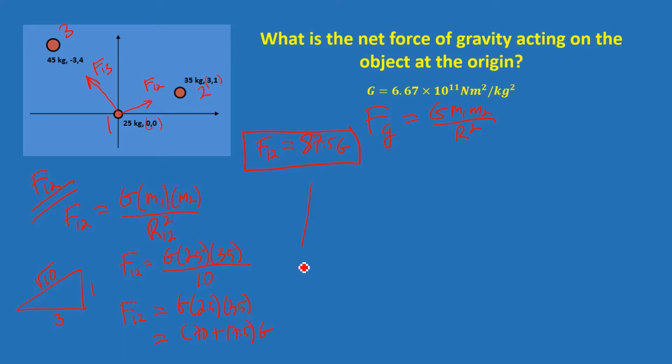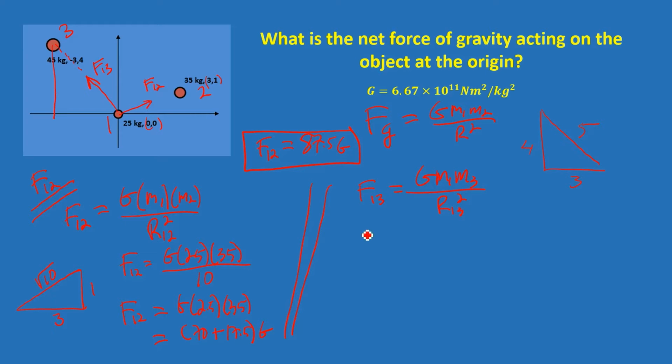Then we're going to move on to F13. So F13 is going to look very similar. It's going to be M1 and M3, and then R13 squared. That particular triangle, R13, is going to have a 3, 4, 5 triangle going on, because it's going to be this distance made by that triangle right there.